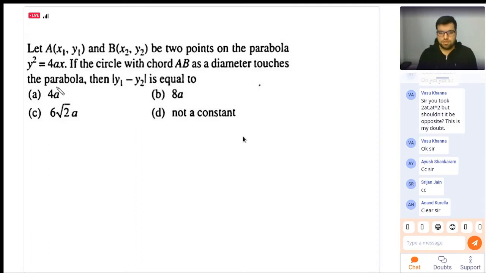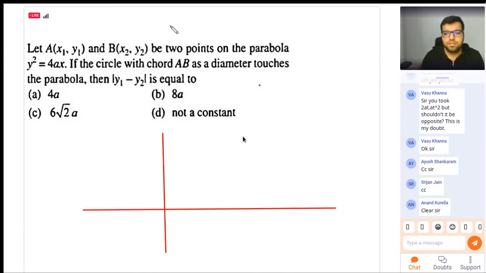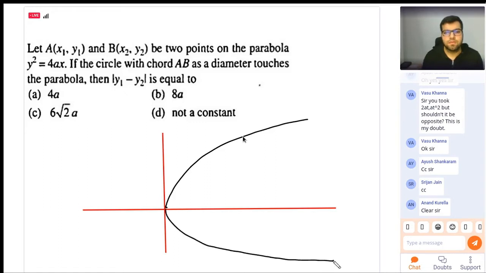So I will help you with the diagram, then it will become easier for you. This is the axis, and y square is equal to 4ax. We can draw that. Okay, and 2 points on the parabola, chord AB.